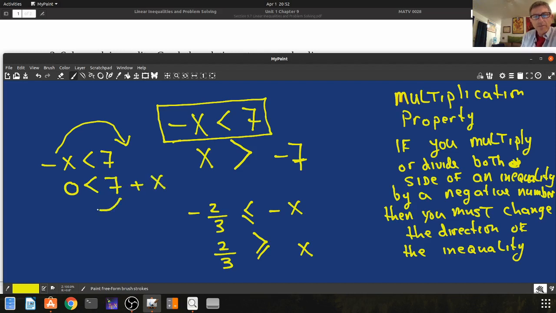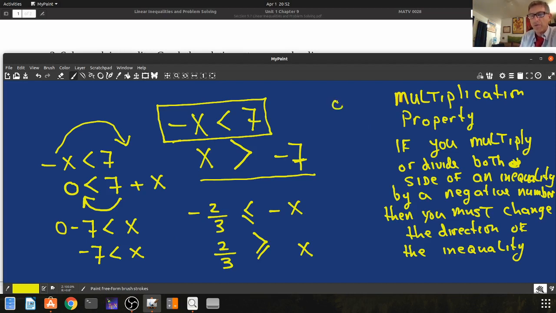And now if I move my 7 over there, then I have 0 minus 7 is less than x. So I get minus 7 is less than x, which is exactly what this says. This says x is greater than minus 7, which is exactly the same as minus 7 is less than x.